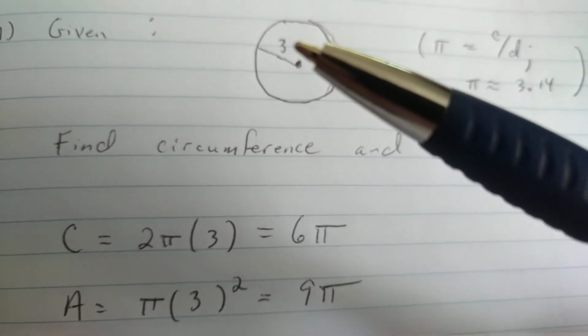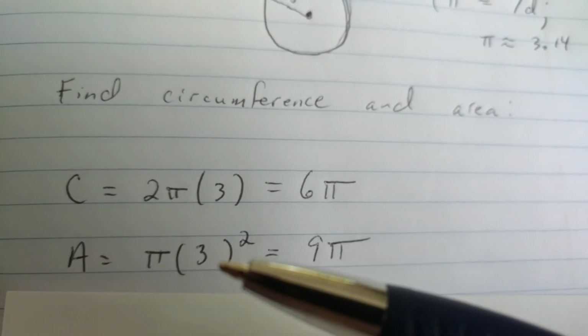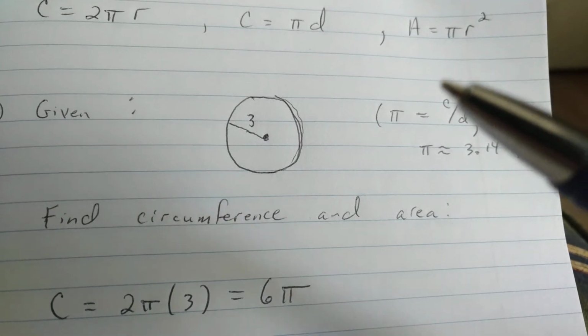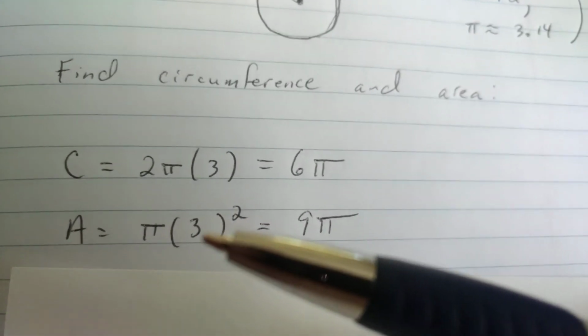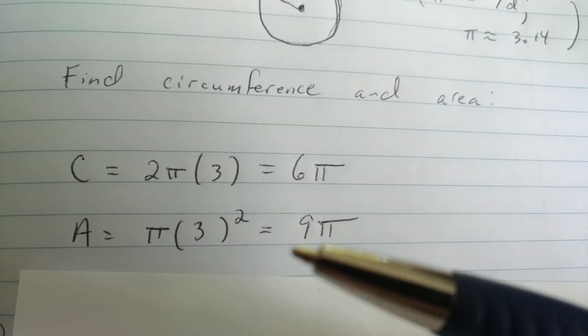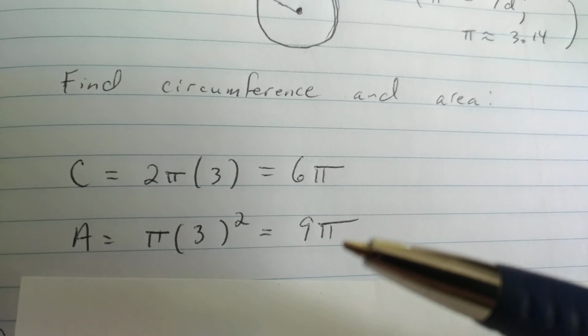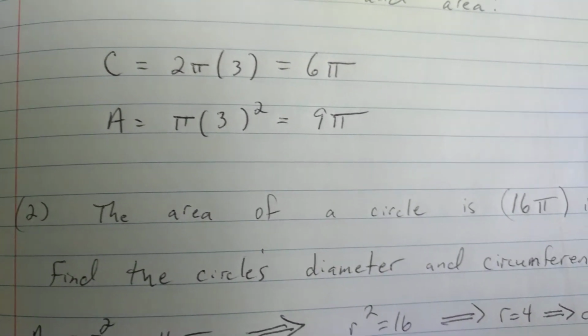We see in the image that the radius is 3, so we substitute 3 for the radius r in the formula A equals pi r squared. When we square 3, we do not get 6. When we square 3, 3 times 3 gives us 9. Once again, we want to put the 9, the rational factor, in front of the pi, which is the irrational factor.